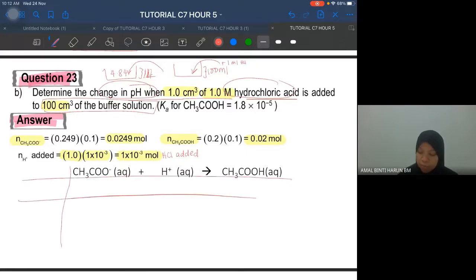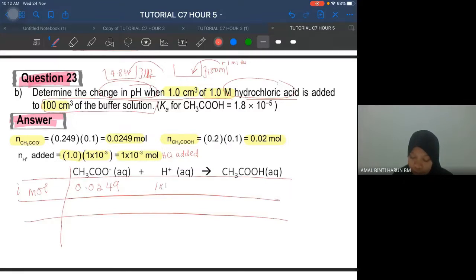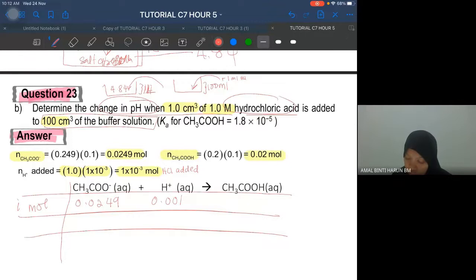So initial mole, the salt present is 0.0249, and then acid added is 1 exponent negative 3, 0.001, right? And then the number of mole of weak acid is this one, 0.02 mole.